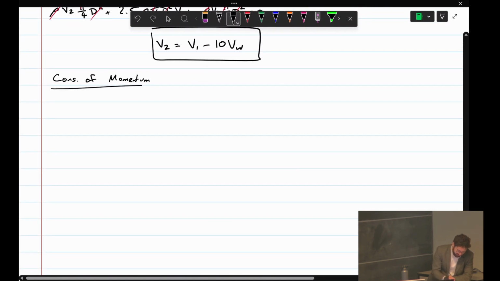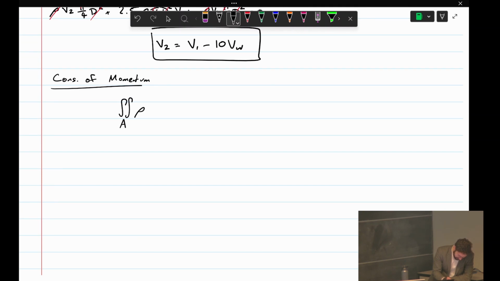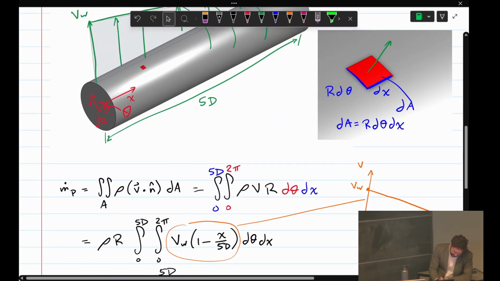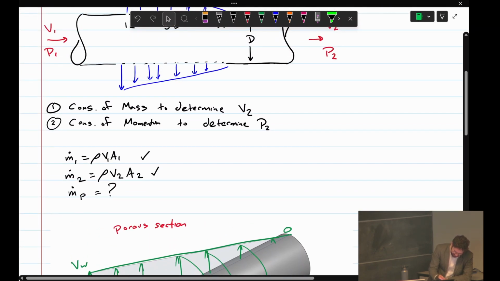Okay, conservation of momentum now. In the general integral form, it's the integral of V rho V dot n hat dA equals the sum of forces. By the way, I have assumed that this is a steady state problem, so make sure you write assume steady state.